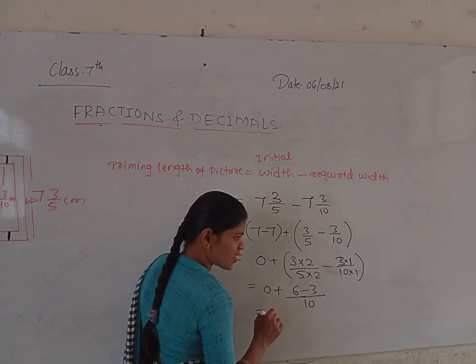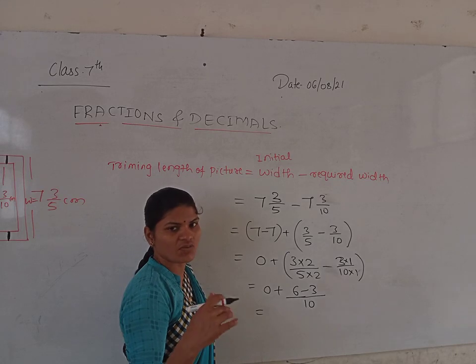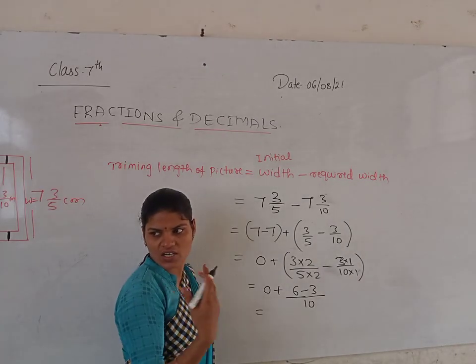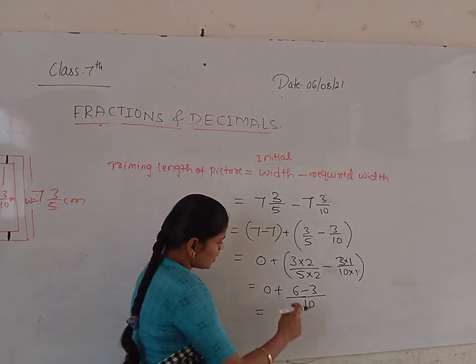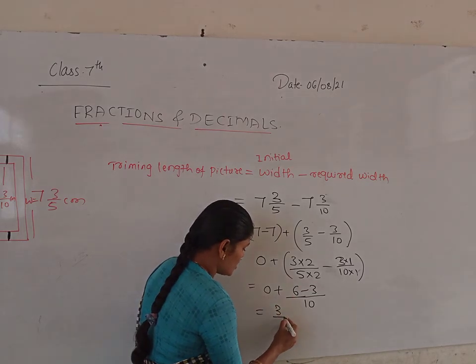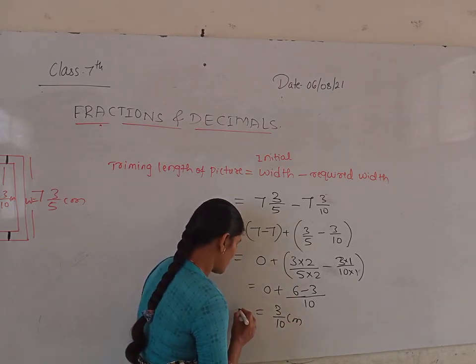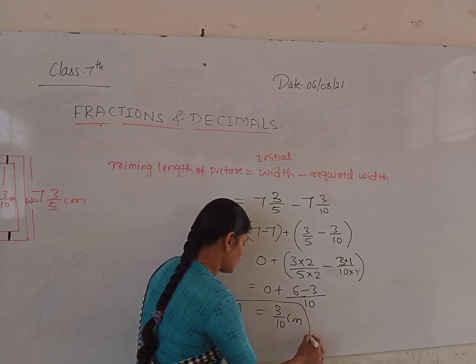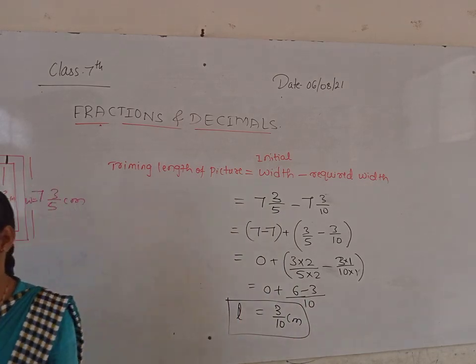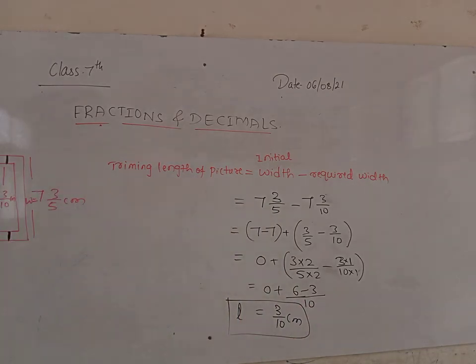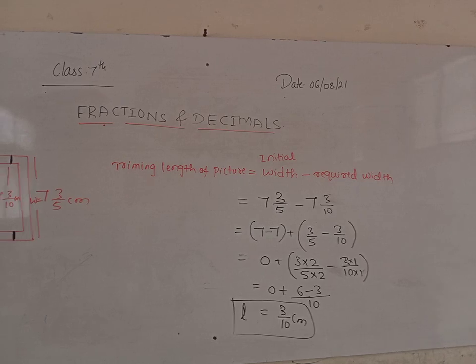Okay. 0 plus means wherever you add the 0, its value is that number itself, so I will not consider the 0 now. 6 minus 3, 3/10 centimeter length should be trimmed from that photograph for adjusting in the frame. Clear? So you have to understand that story problem clearly.